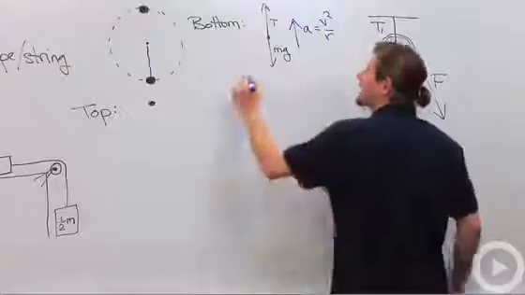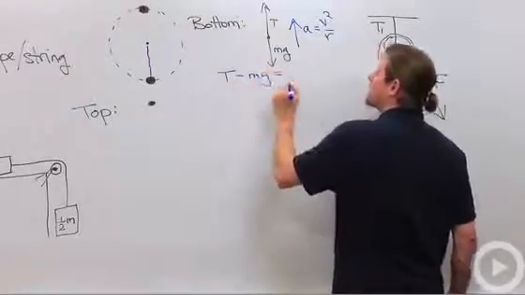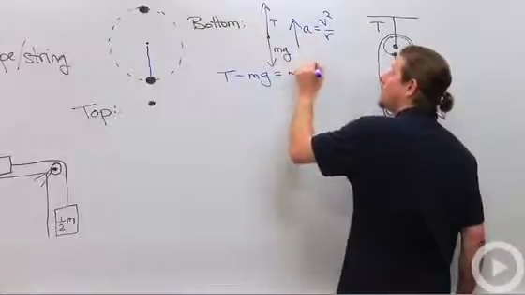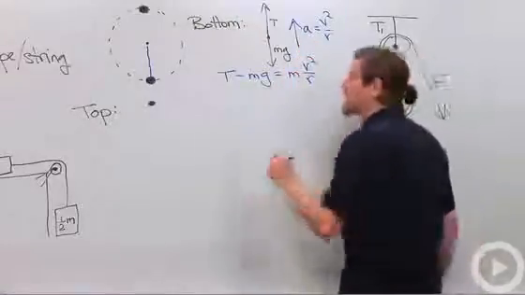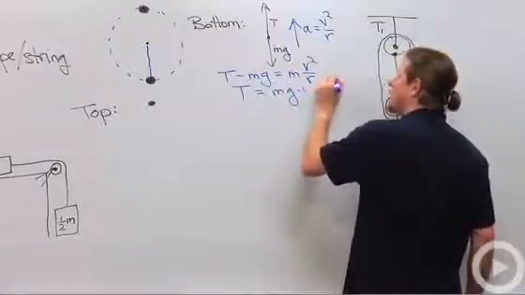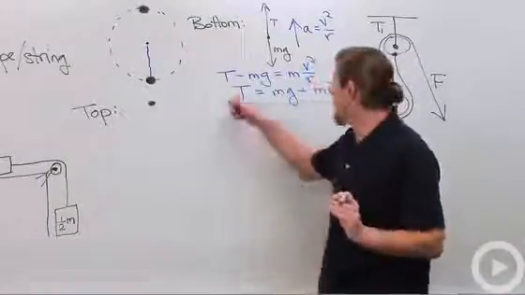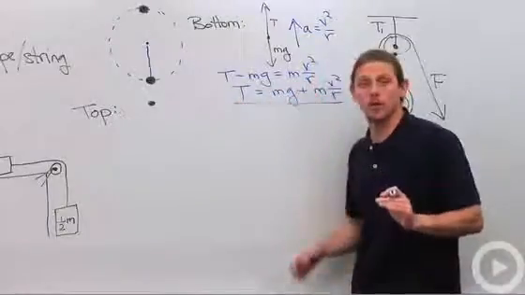All right? So that means that the tension minus mg must be ma, which is m v squared over r. So that gives us a tension of the weight plus mv squared over r. So at the bottom of the circle, the tension is actually larger than the weight.